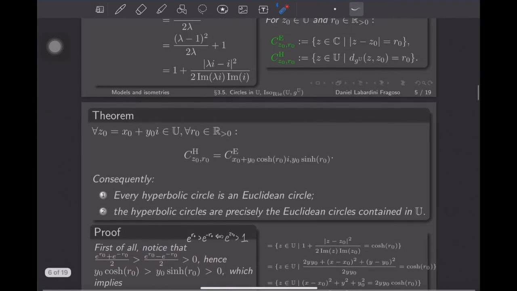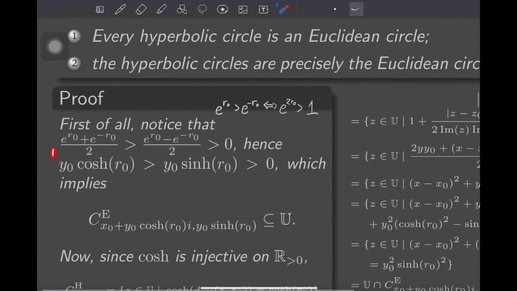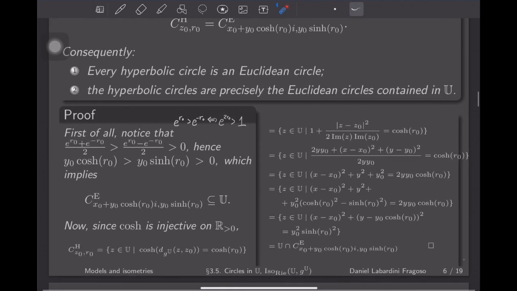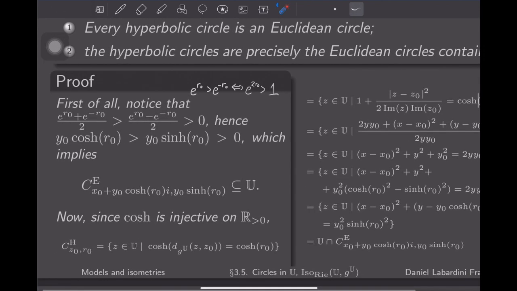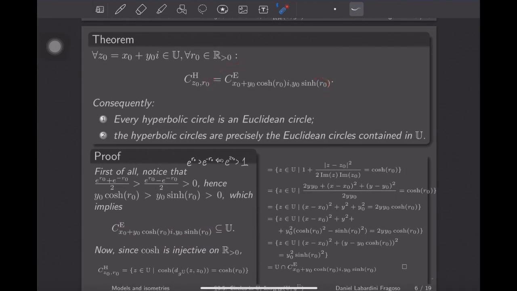And then here, I'm taking this point in U, so the imaginary part, which is y naught, is positive. So of course I have these two inequalities. And this implies already that at least my Euclidean circle, which I'm signaling as a candidate for the explicit computation of my hyperbolic circle, is completely contained in U.